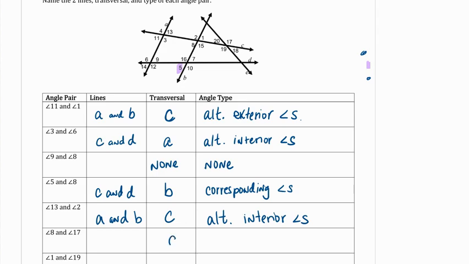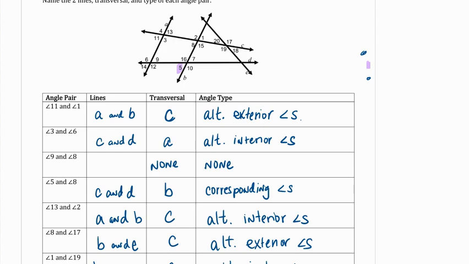Their transversal is also C, and their two lines are B and E, and 8 and 17 would be alternate exterior angles. And lastly, 1 and 19, their transversal is also C, and their lines are also B and E, and they are also alternate interior angles.